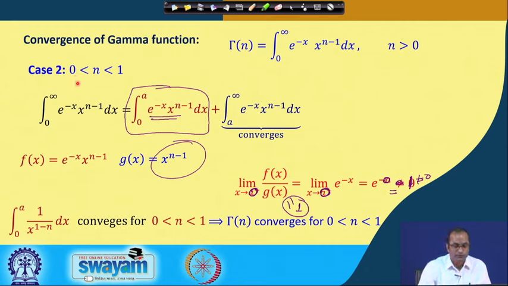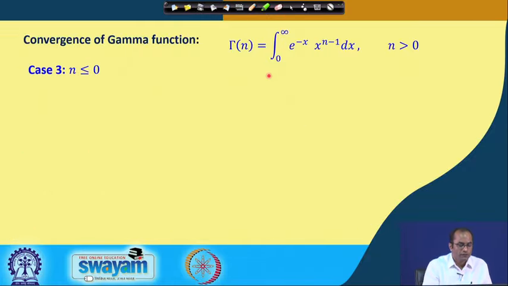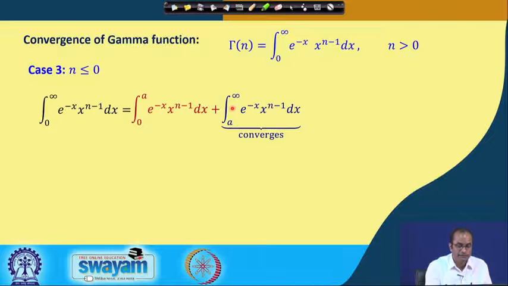Now the third case we will discuss is when n is less than or equal to 0. That is the case left, case 3. In this case we again take the integral from 0 to infinity of e^(-x) x^(n-1) dx, and we split it into 0 to a and a to infinity, and we will separately discuss the convergence.